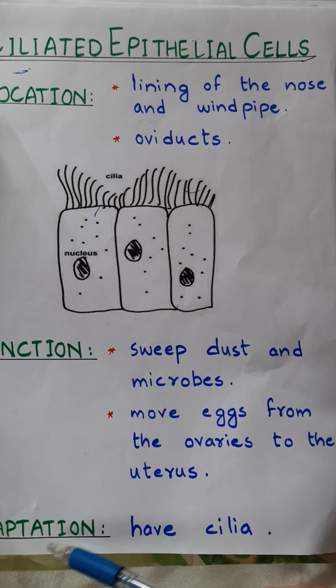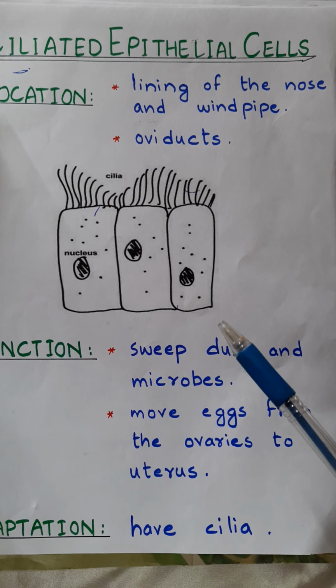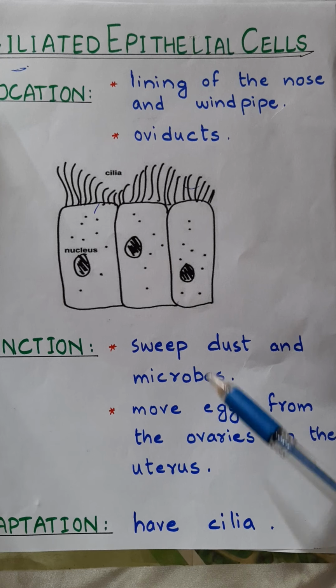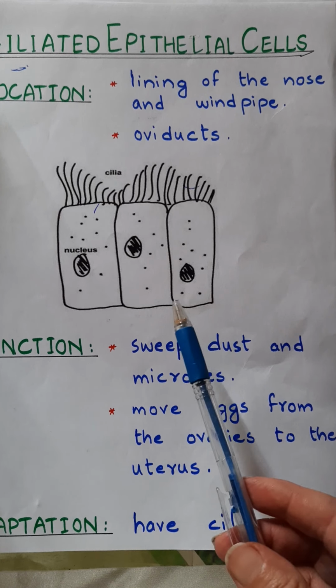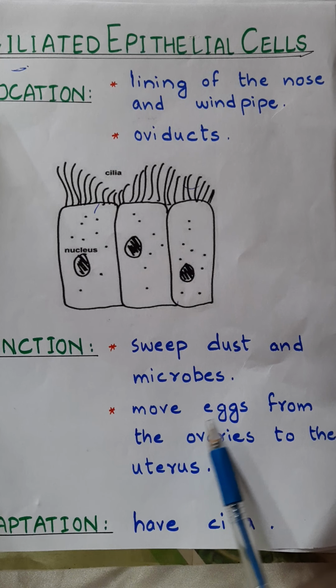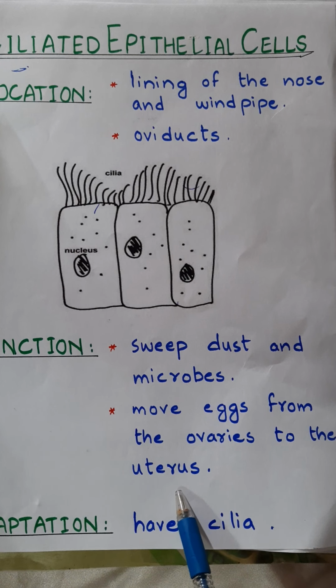So the special adaptation of these ciliated cells is the presence of the cilia. Cilia enable the epithelial cells to sweep away the dust and the microbes, and also the eggs move from the ovaries to the uterus by means of these cilia. Okay.